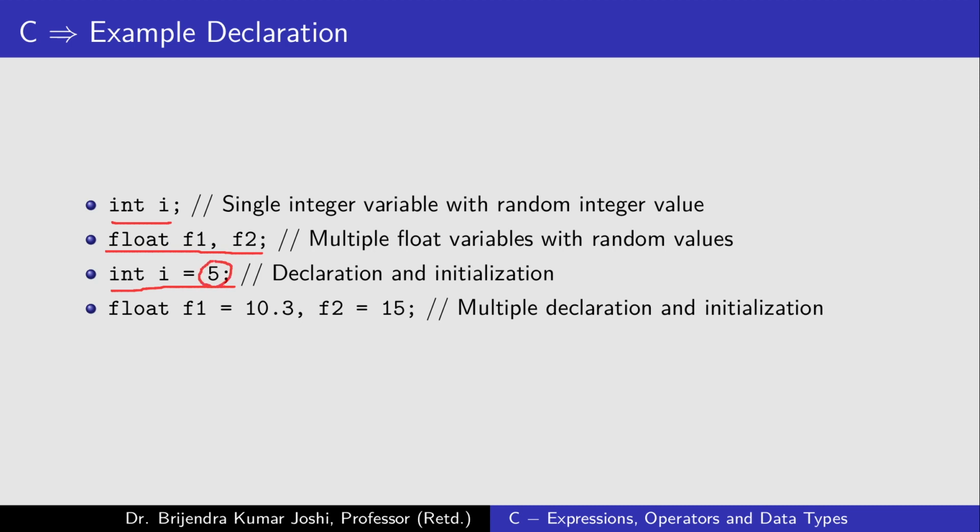We can declare and initialize more than one variable in the same statement like this: float f1 = 10.3, f2 = 15; where equal to is the assignment operator. So here we have declared and initialized two floating point, real variables.